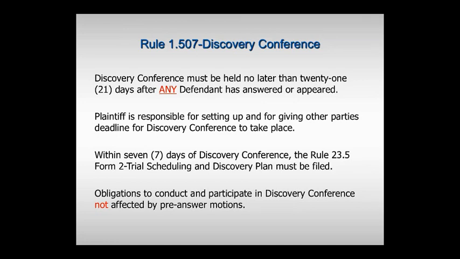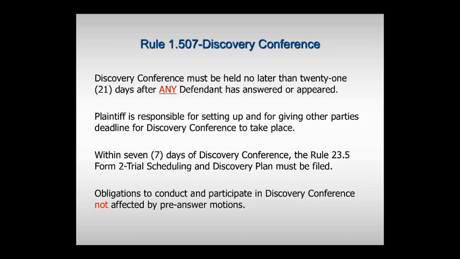There is provision for a late arriving defendant to file a motion seeking a pretrial conference in order to deal with objections that they have to the results of the discovery conference. But that said, once somebody has answered or appeared, the plaintiff is responsible for getting the discovery conference set up within 21 days.